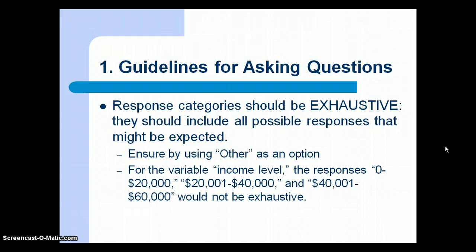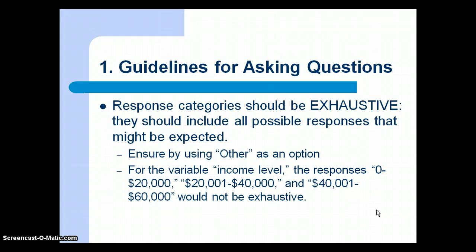For the variable income level, usually an independent variable, see here that you have these ranges of incomes: 0 to 20,000, 20,001 to 40,000, 40,001 to 60,000. That would not be an exhaustive set of attributes or responses for the question, what is your income level?